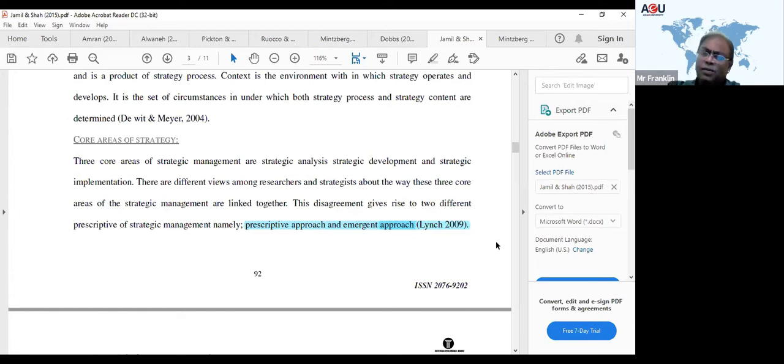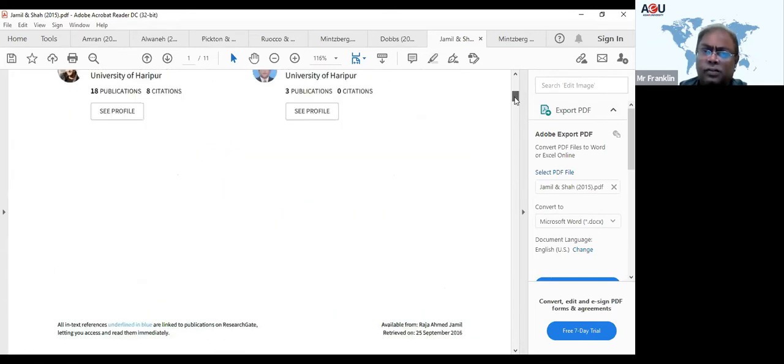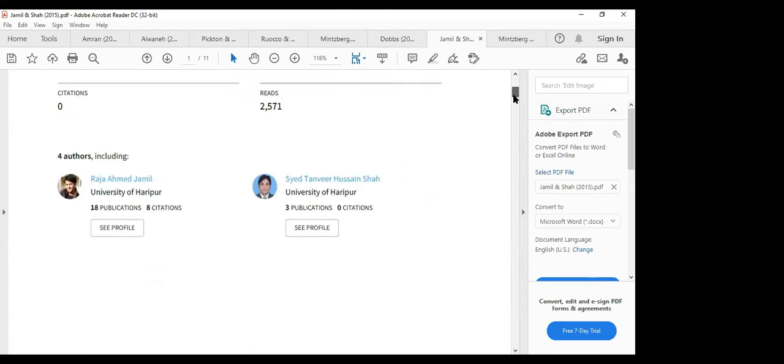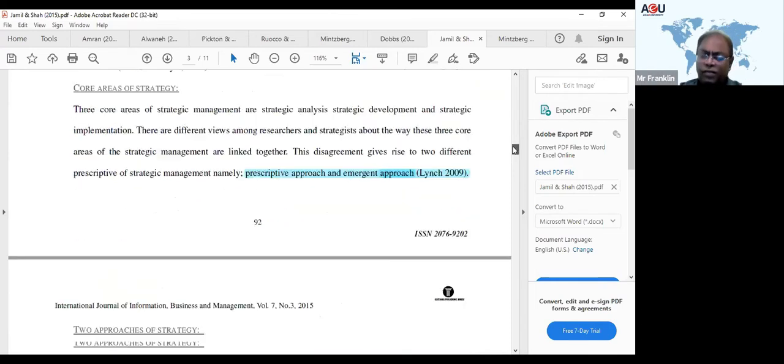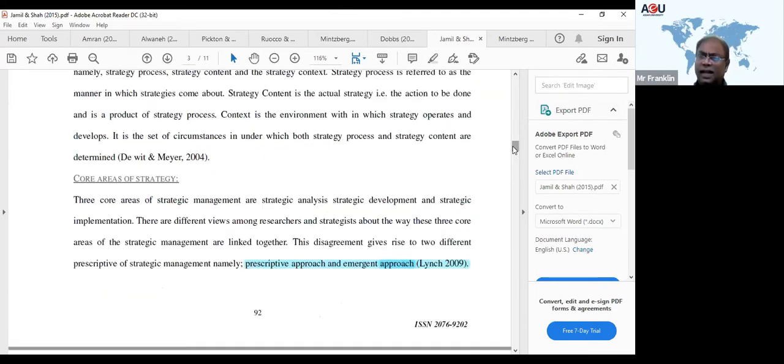You have to use Jamil and, what's his name, Shah. When you talk about these two, Jamil and Shah, within brackets you put the year, this 2015.